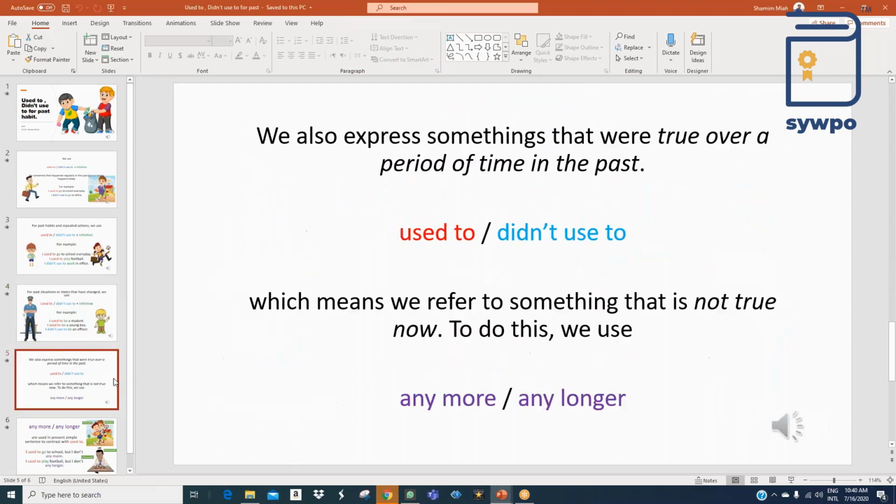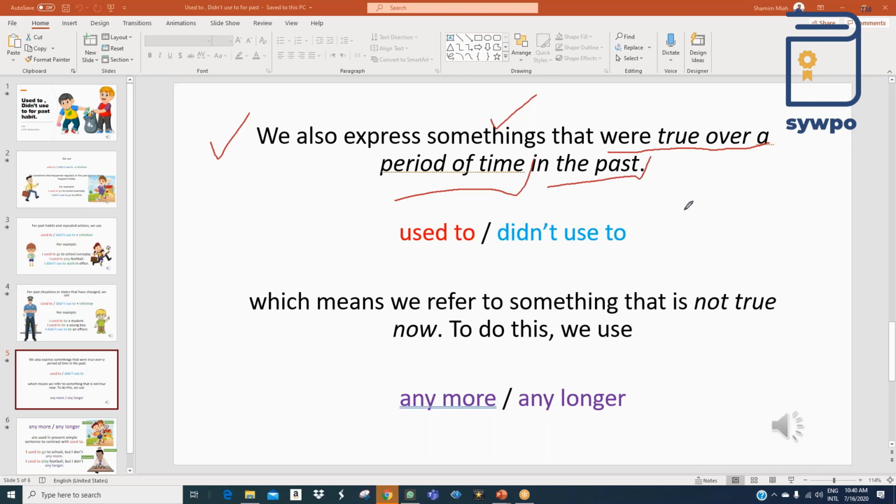Now let's move to the next slide, and as I was telling you, we express our habits and our actions that we have been doing in the past regularly with the help of used to. We also express some things that were true over a period of time in the past.